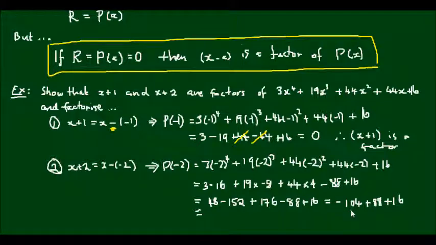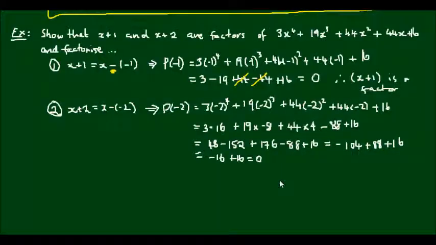So negative 104 plus 88 is minus 16, and plus 16 is equal to 0. So therefore x plus 2 is also a factor.